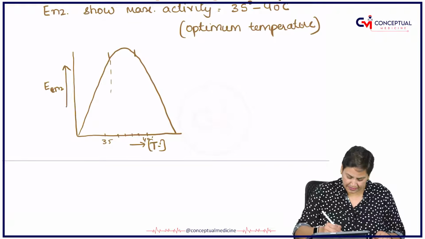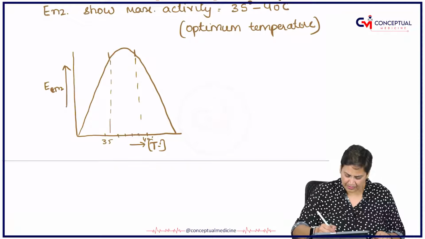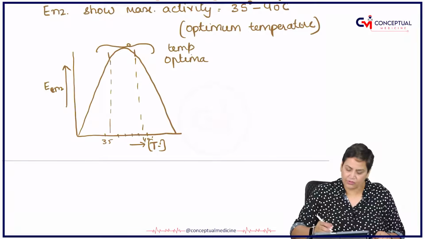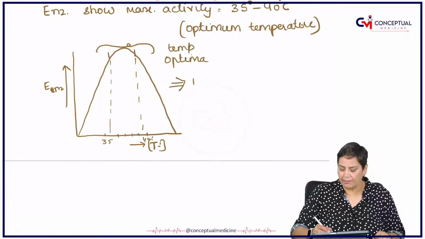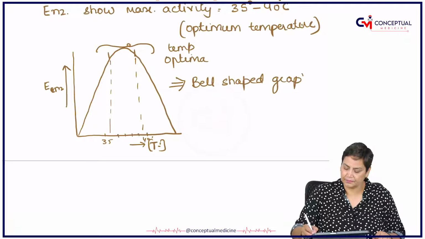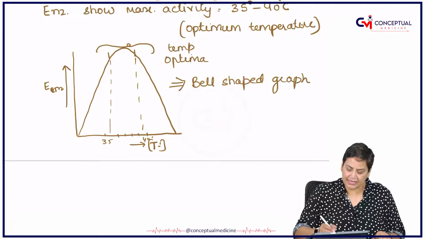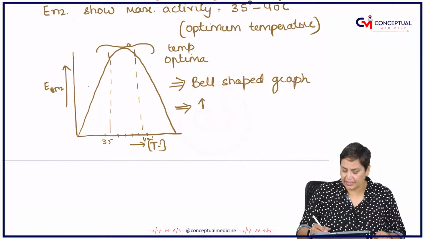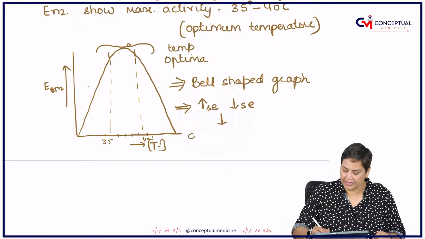And this is the optimum temperature. The graph so obtained is a bell-shaped graph. And a slight increase or decrease is going to denature the enzyme.